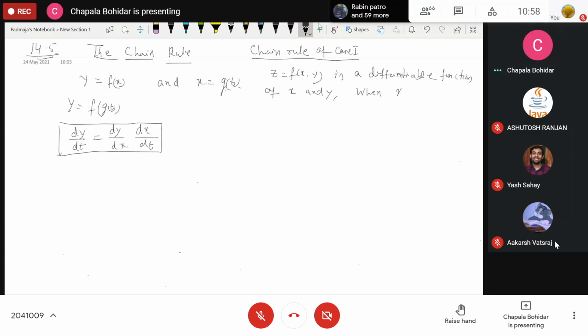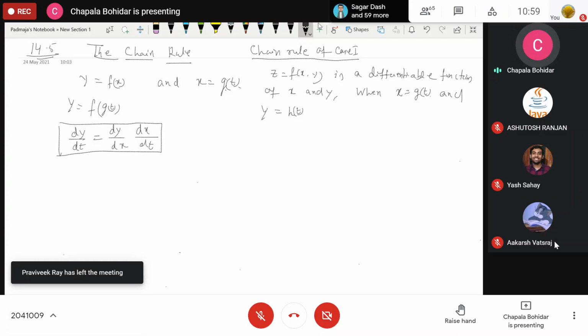where x is a function of t and y also is a function of t. So what it is saying is that z is a function of two variables, but those two variables are functions of one variable, that is t.